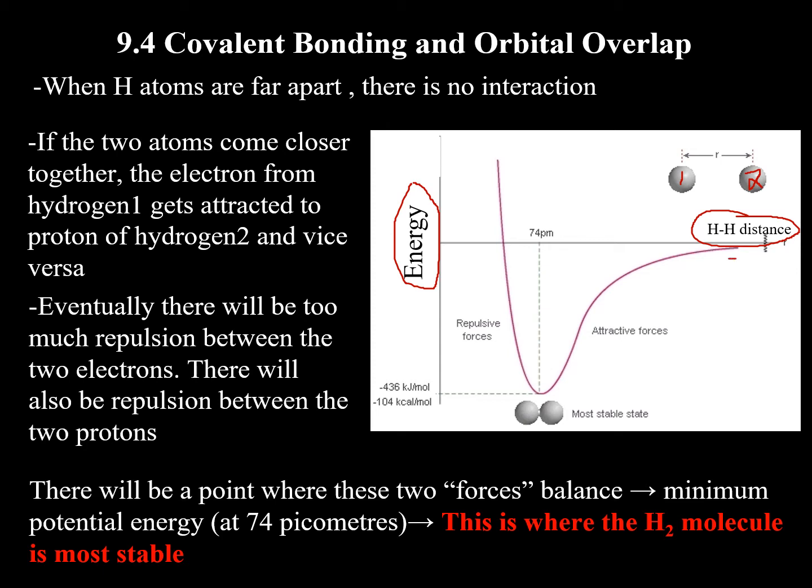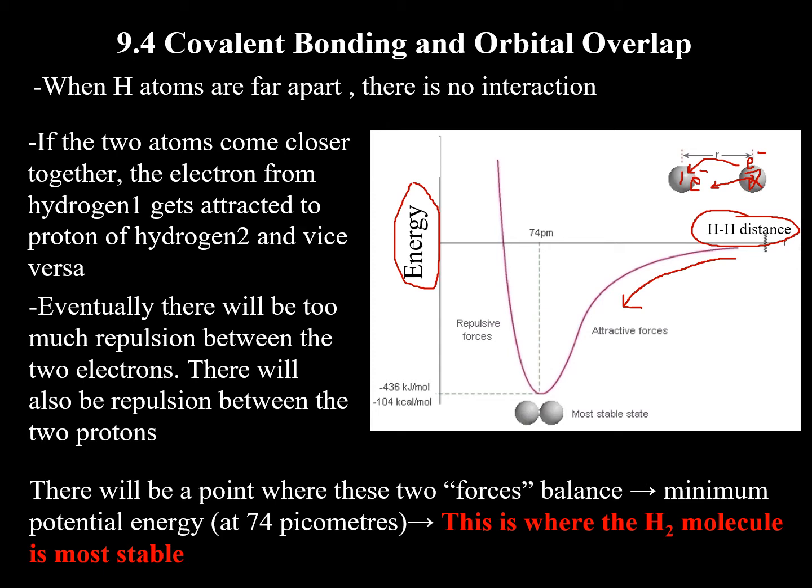However, as they become closer and closer together, the attractive forces increase, because the electron in the first hydrogen gets attracted to the nucleus of the second hydrogen. The nucleus is made up of a proton, so negative and positive attract each other, and conversely the electron in the second hydrogen is attracted to the nucleus of the first hydrogen.